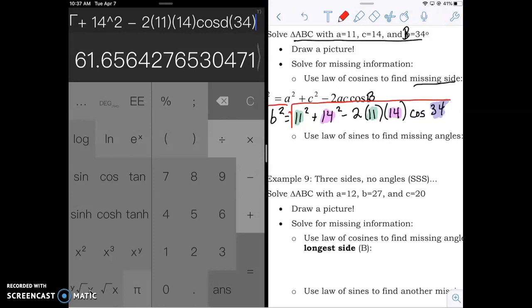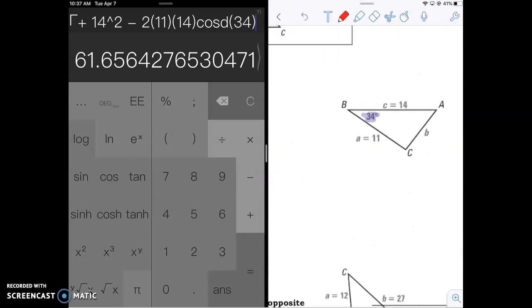There you go. So what is B? Little b is the length of a side. So side B over here, it doesn't look right, but it's 61.656.